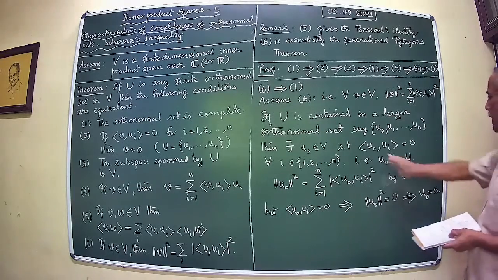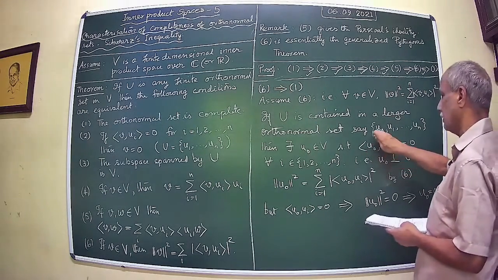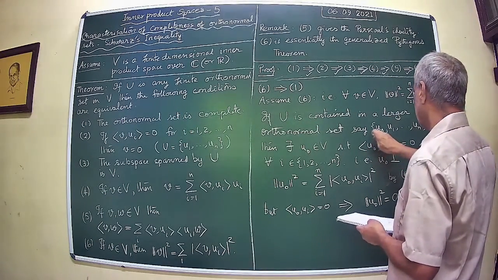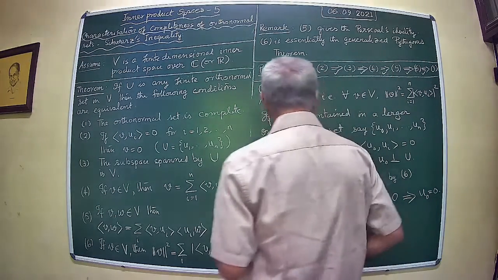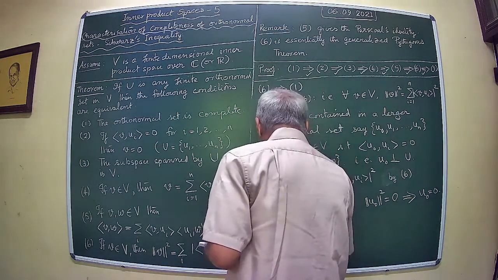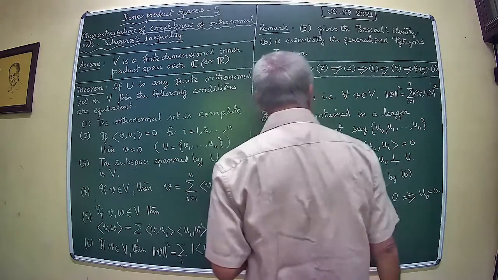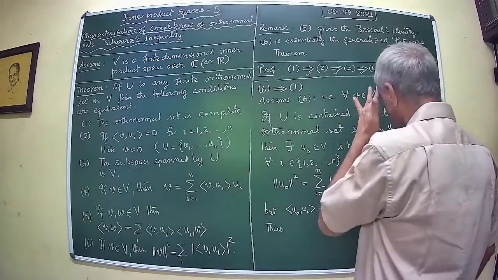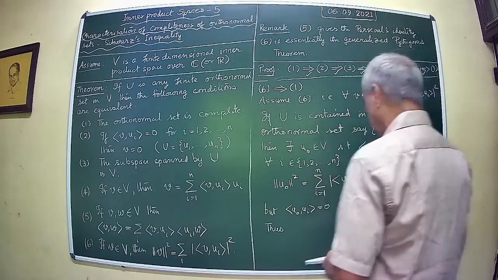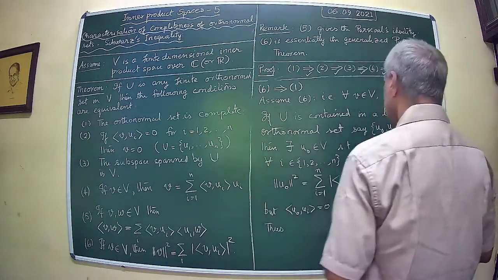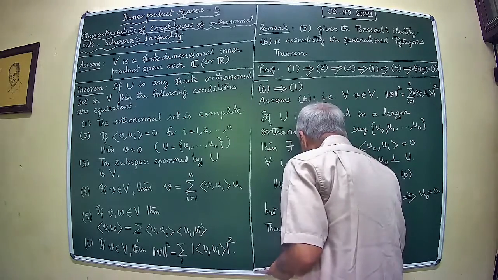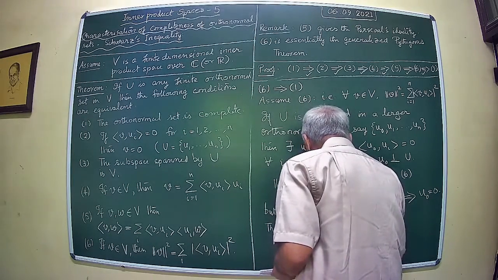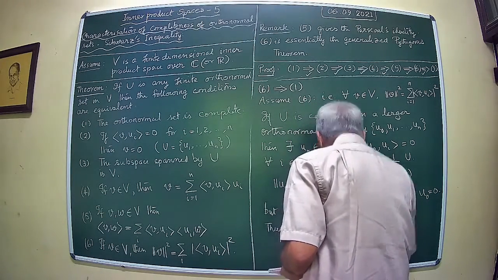So that we cannot have such a larger set with a non-zero U naught coming here. Thus complete.